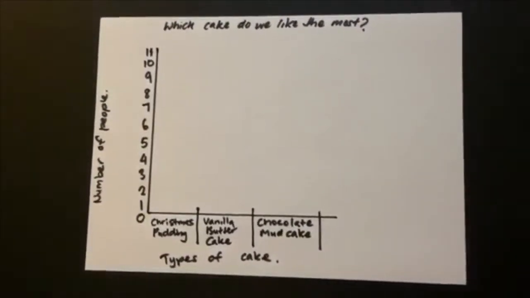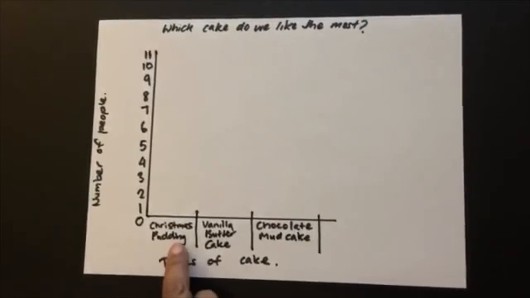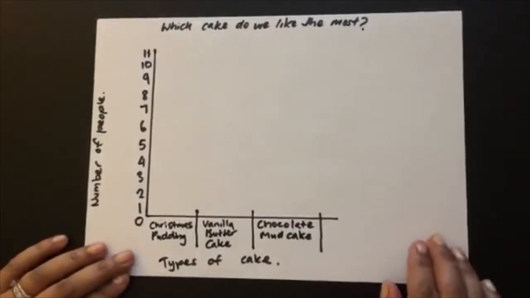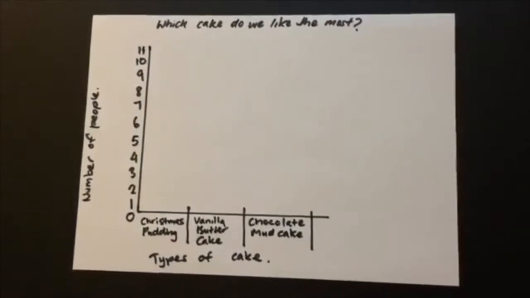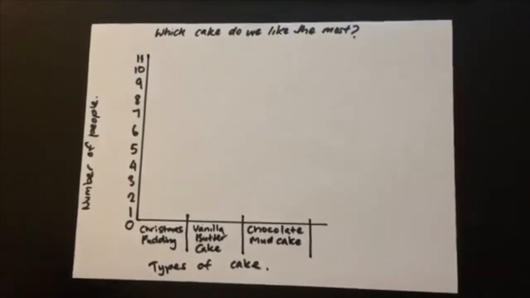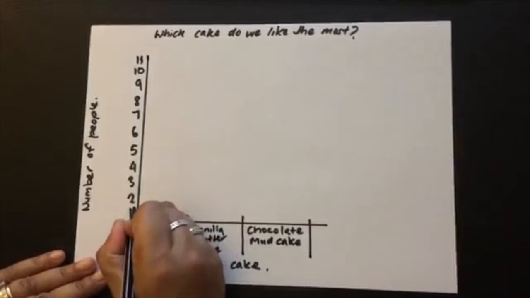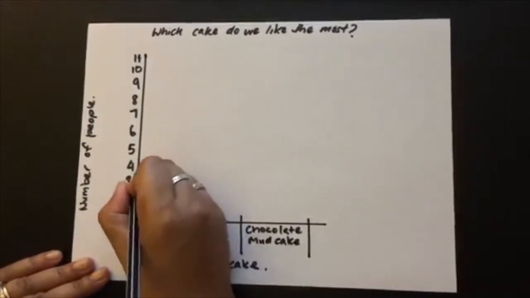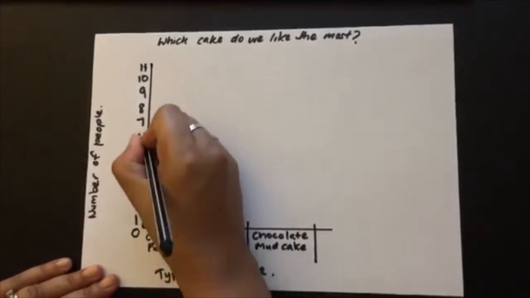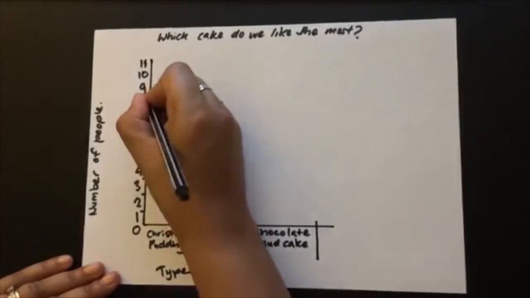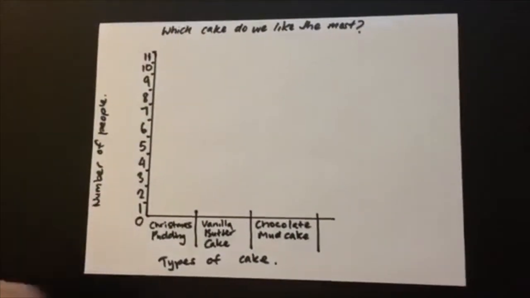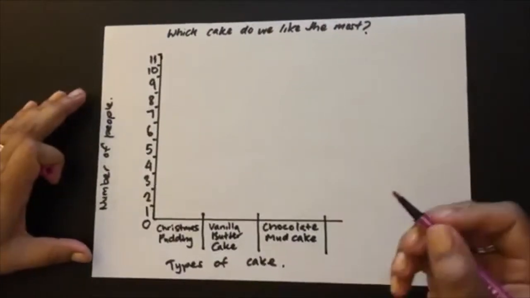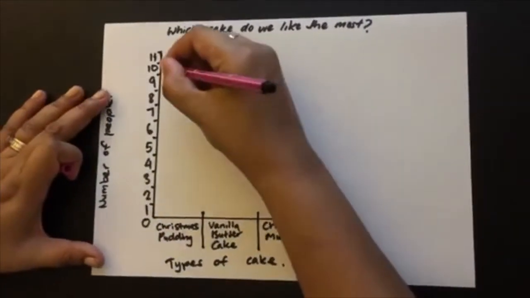So now what we need to do first is the Christmas pudding. We have 9 Christmas pudding. So what I need to do, or this is what we should have done earlier, is put a little dot just so we know where to go. So 9 people like Christmas pudding.